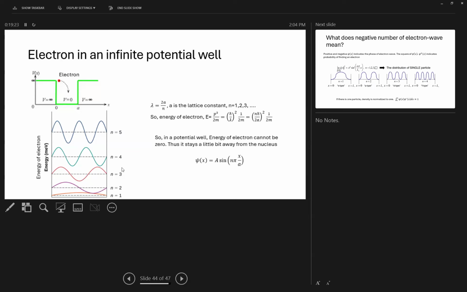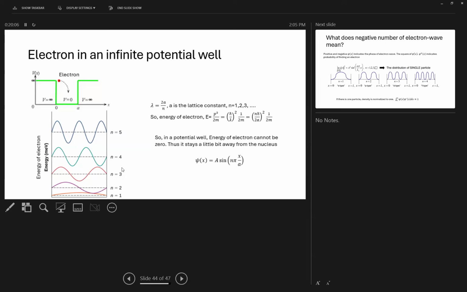The energy is p squared by twice m, and if you plug p with h by lambda, you will get energy equal to h divided by lambda, take the square and divide by twice m. And we know that lambda takes values written as twice A divided by n, so the energy is nh divided by twice A, take the square, divide by twice m.